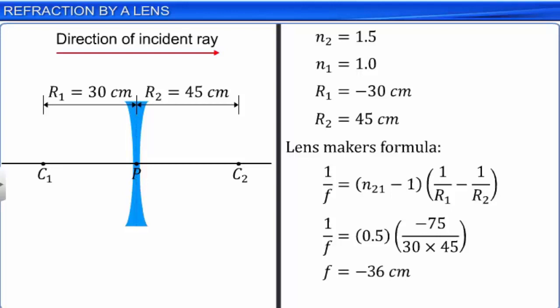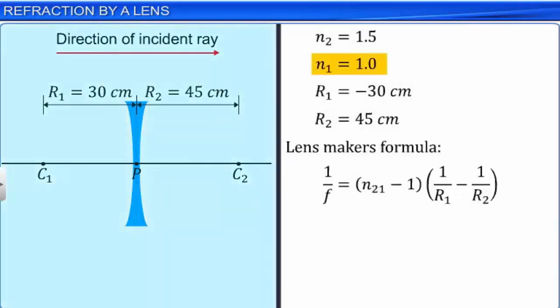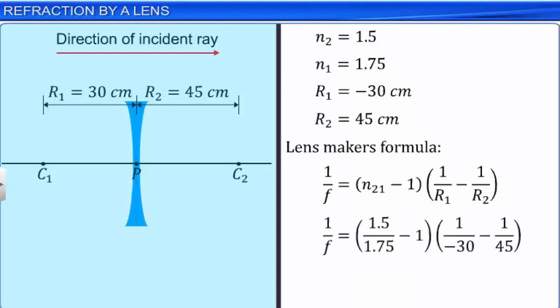Substituting these values in the lens maker's formula and on further simplification, we get f is equal to 126 cm. Note that the focal length is positive. This means that a double concave lens placed in a denser medium acts as a converging lens.